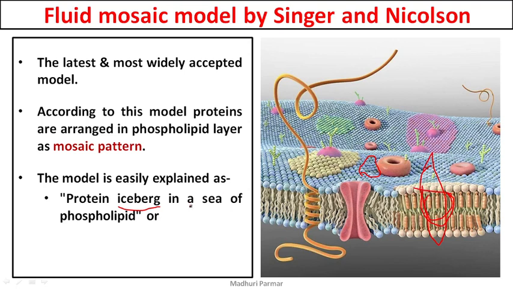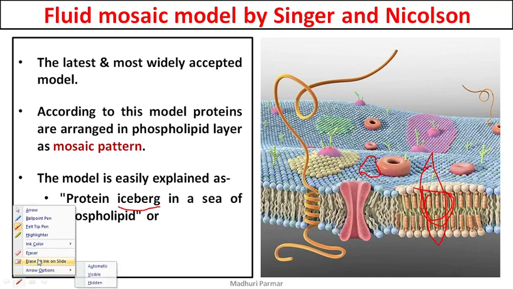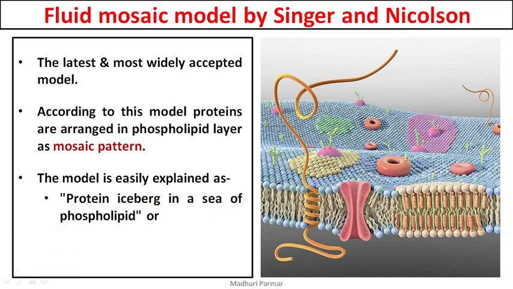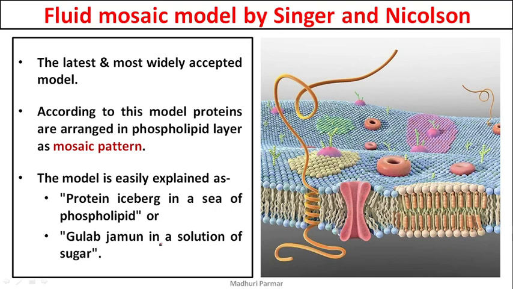So the same thing is seen in the case of proteins as well. Proteins are icebergs in the sea of phospholipid. The phospholipid is the sea and the proteins are icebergs, some of them floating, some of them deep within. Or another simpler example would be gulab jamun in a solution of sugar. In a sugar solution, you will see gulab jamun.